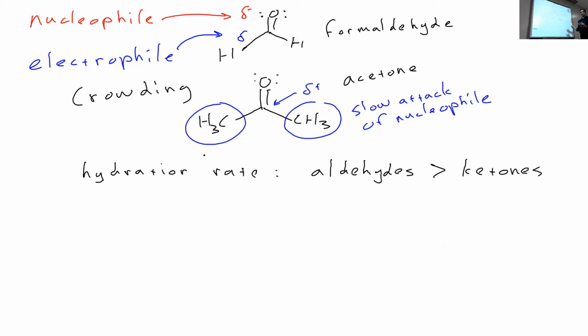Now within our aldehyde or our ketone classes, we can also change the amount of crowding at that electrophilic carbon by changing, of course, what groups are attached.